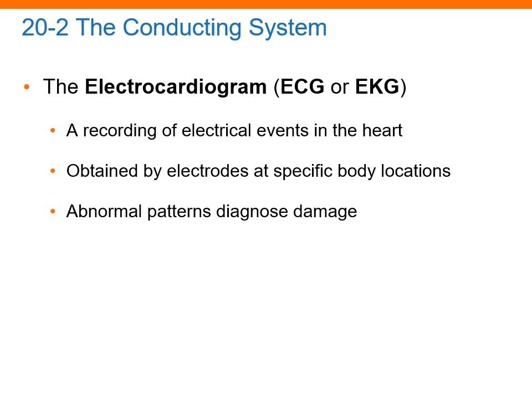We're not going to get into this in this course, but cardiologists can look at up to 12 leads. What that means is that the way they place the electrodes on the body allows them to look at the current flowing in the heart at different angles: from front to back, from top to bottom, how is the current flowing? That is much more advanced than we need to get.